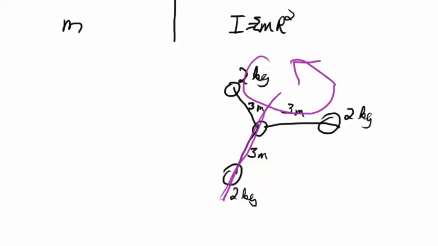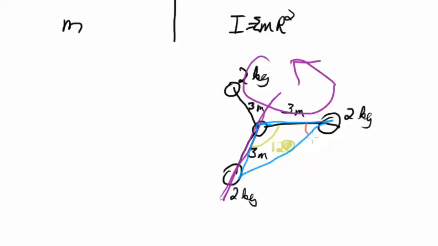That makes this an isosceles triangle with two sides the same and one different. Since the sum of the interior angles of the triangle is 180 degrees, and 180 minus 120 is 60, then these two angles must be 30 degrees and share that 60 degrees.